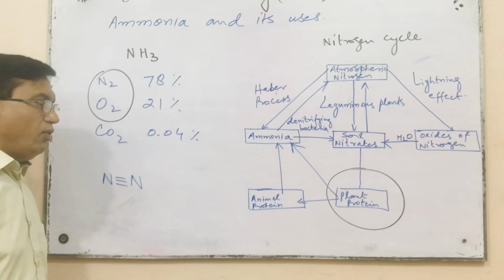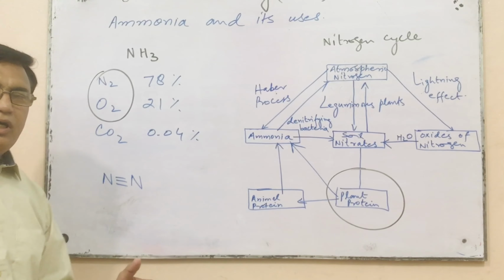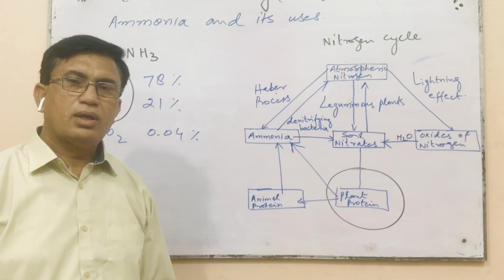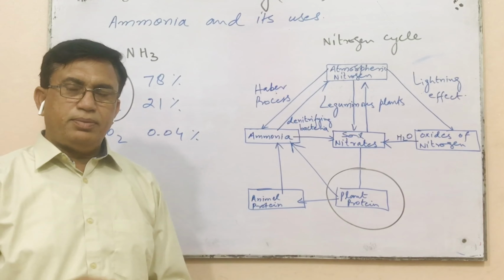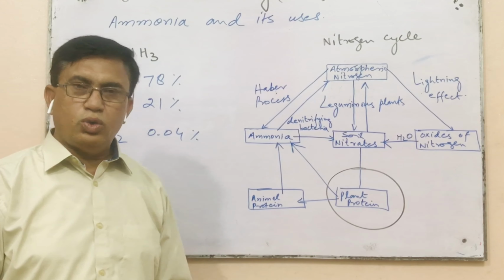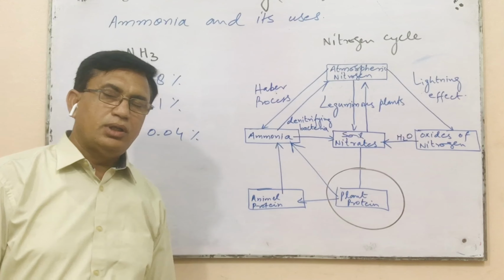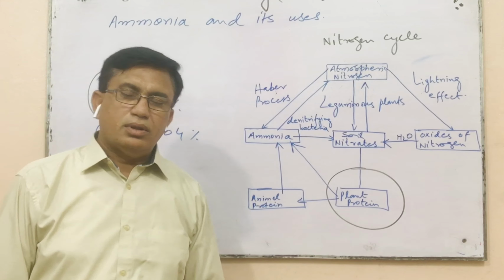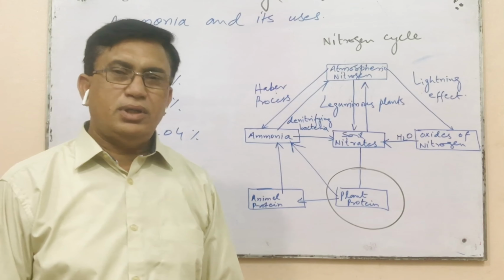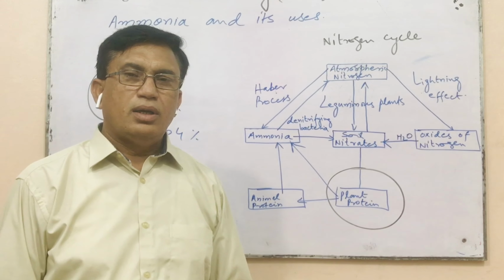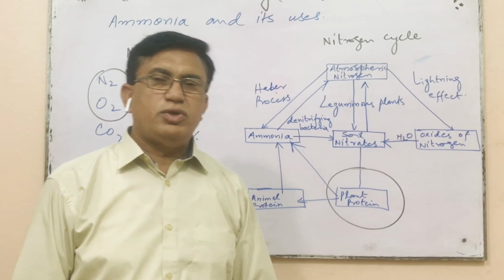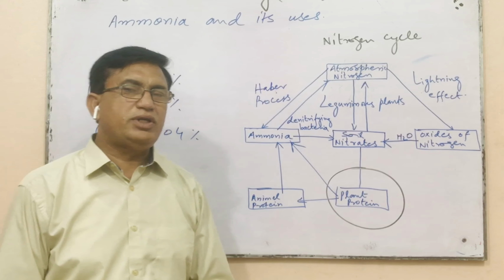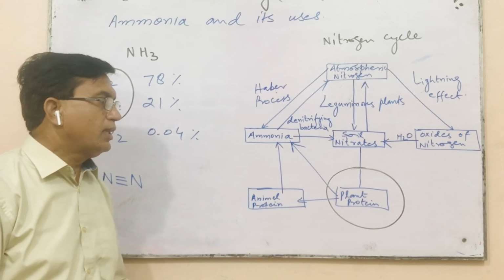So, when repeated cultivation of crops takes place on earth, the plants absorb nutrients for the growth and gradually the soil becomes deficient in those substances which are useful for the plant growth, essentially nitrogen.